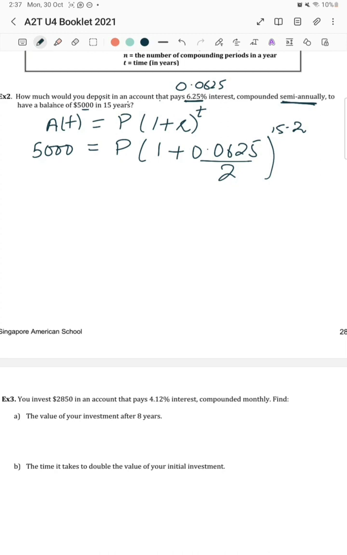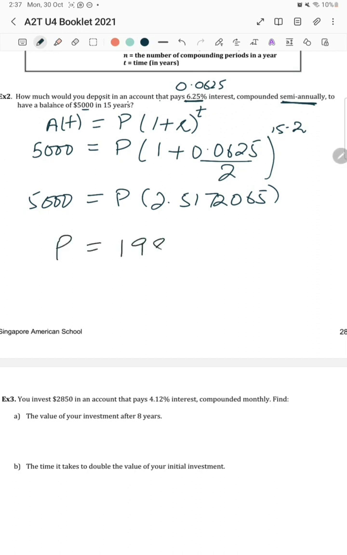It's going to be 2.517. Okay, so 5000 divided by this is going to give us 1986. So P is equal to 1986.33 dollars.